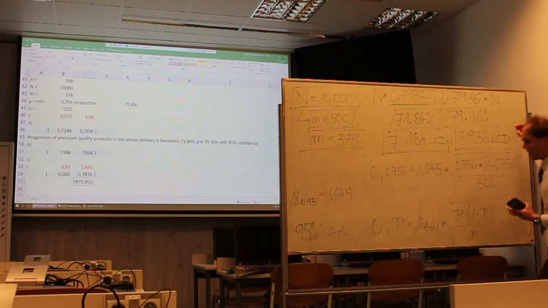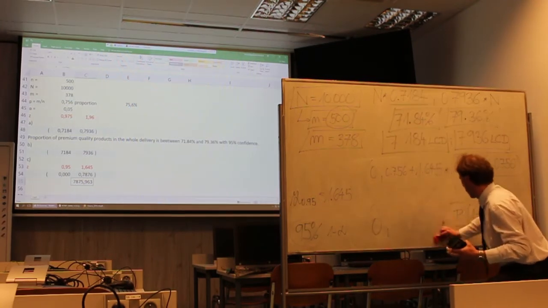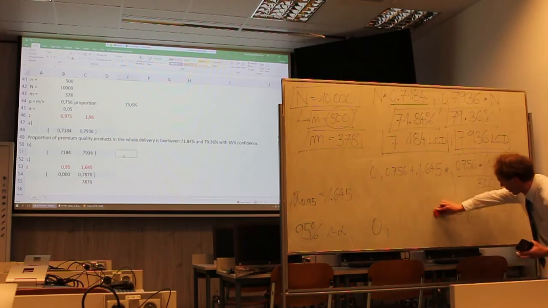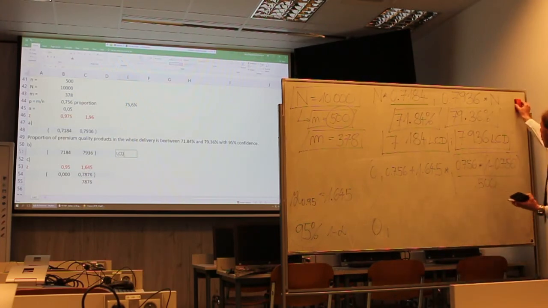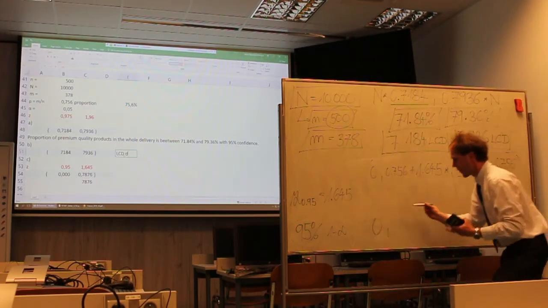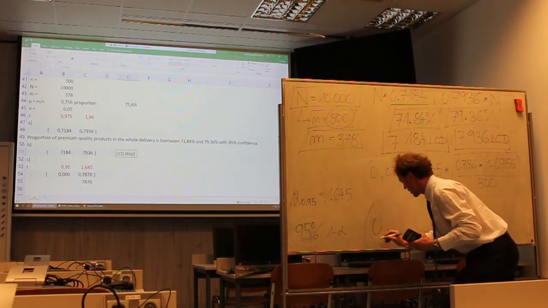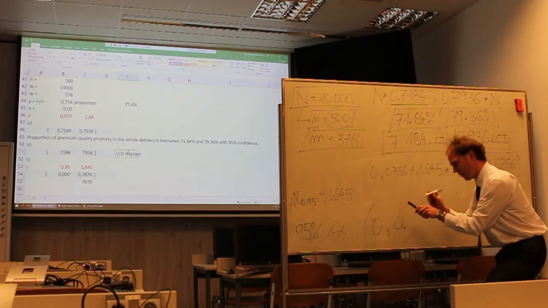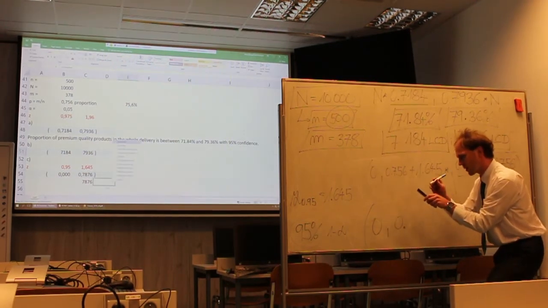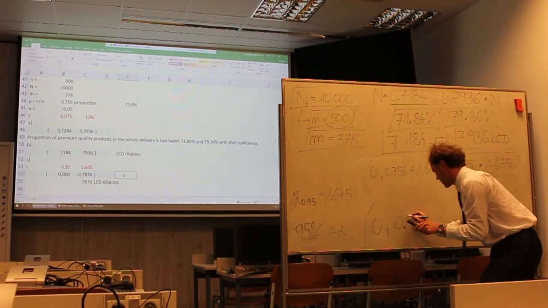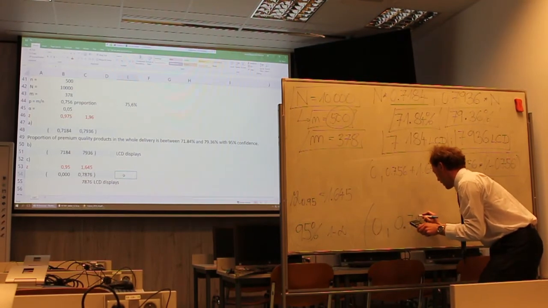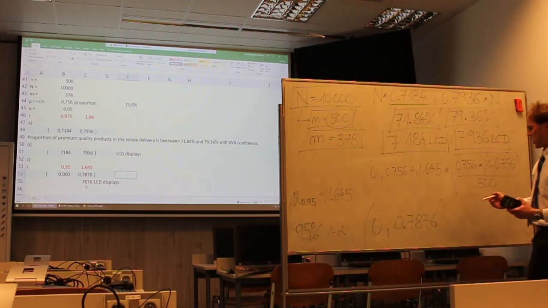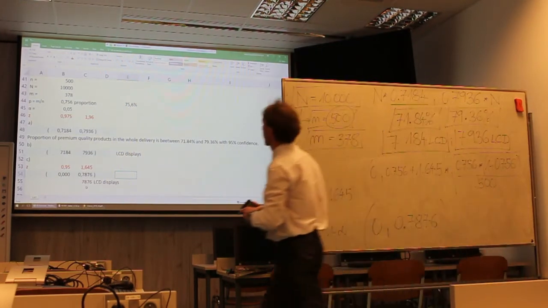I will delete this formula on the bottom, yes, and I will write the result here. So left side is unknown, yes, and the right side 0.7876. Okay, so this is proportion.